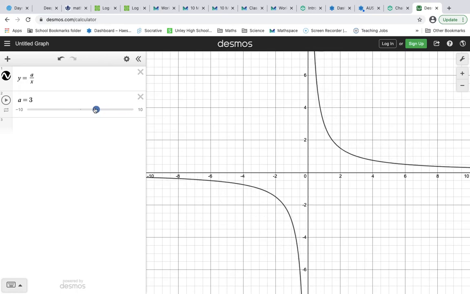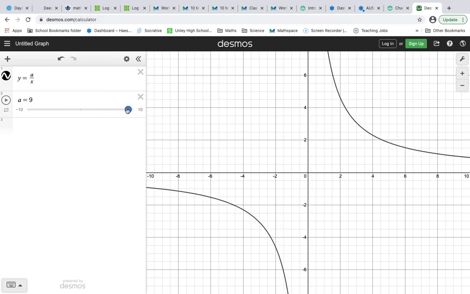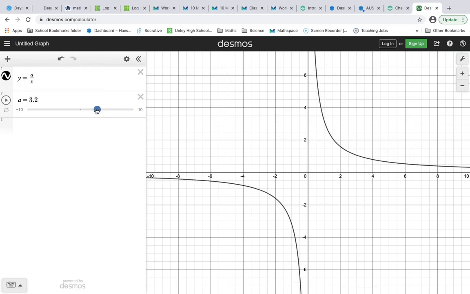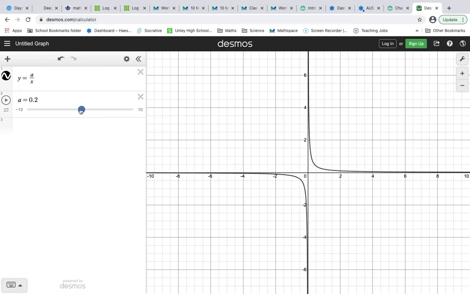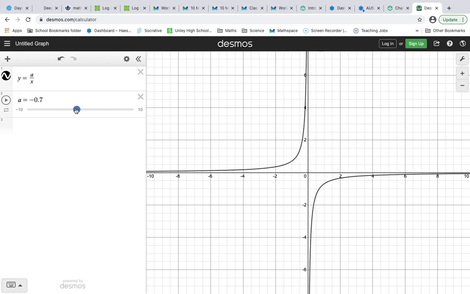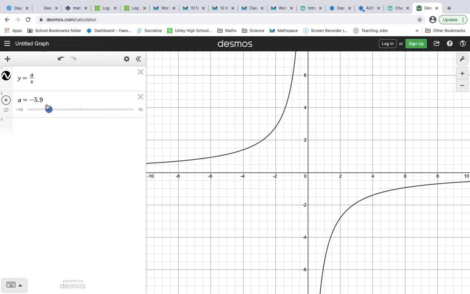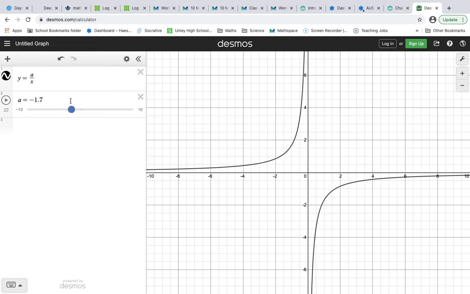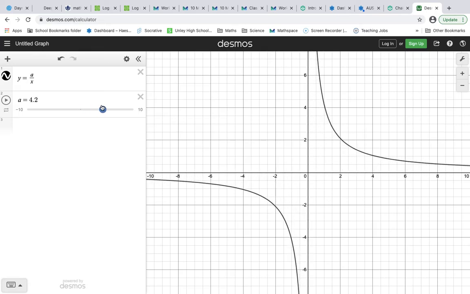That's about all there is to say about this. So the shape kind of holds, changes a bit. If you were to go negative in your A, then it's going to do what we showed before. All right, so it's going to swap quadrants, and we've already looked at that. So there isn't really too much more to say.